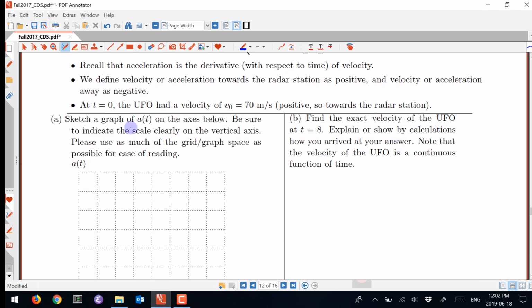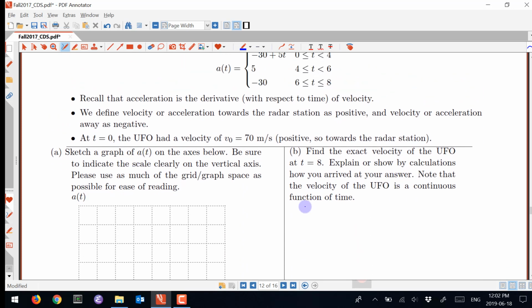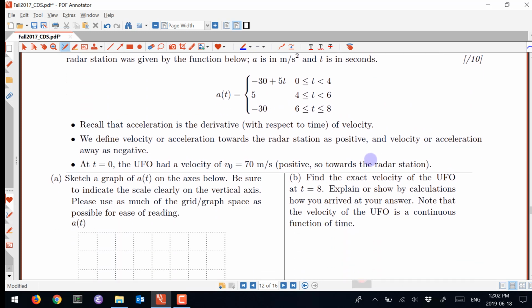The first thing that we're asked to do is simply sketch the graph of this function here. To be able to do that, we'd like to pick a reasonable scale. So we notice that negative 30 is going to be a value we'll need in the y-axis. We're also going to need 5. And this one also starts at negative 30, it looks like. And just to check here, a of 0 is going to be negative 30.